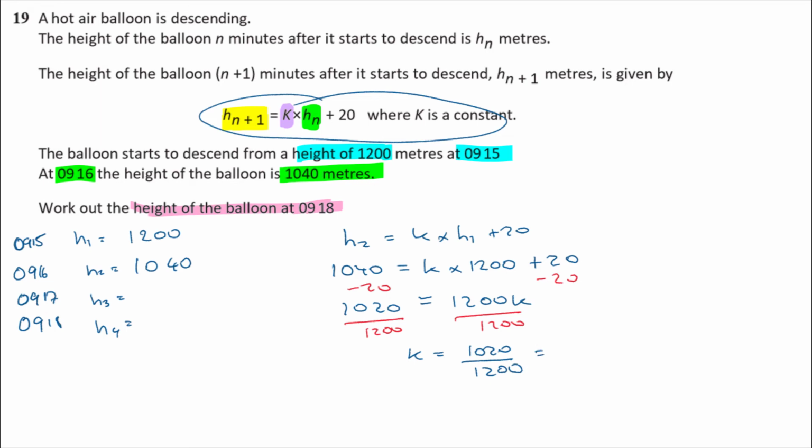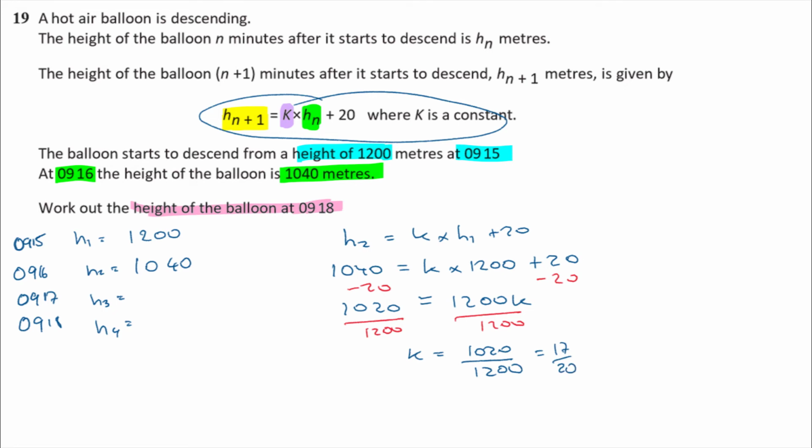Just wondering if that cancels down a little bit into something neater. So I'm just going to tap that fraction into my calculator to see if I can get it to simplify it down a bit for me. Yeah, that's 17 over 20. That's a little bit easier to handle. So 17 20ths. Okay, right, so we know what k is now.